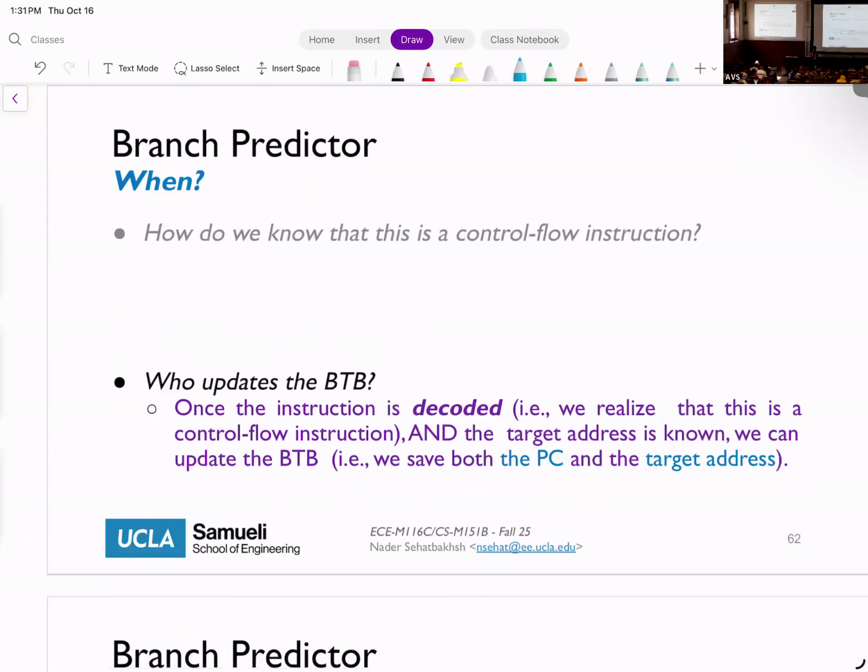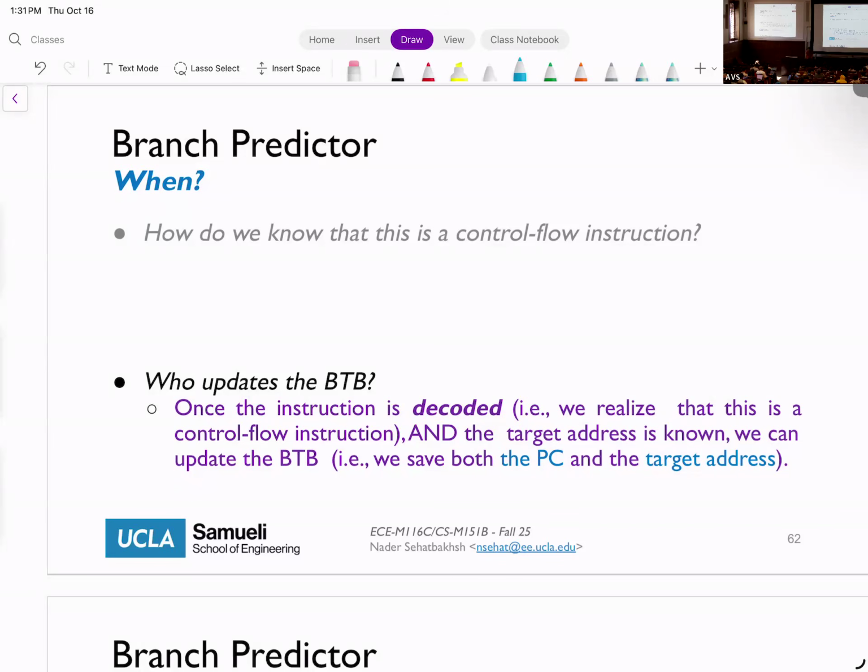I'm going to answer the second question first. We update the BTB when we decode the instruction. Remember I told you that I have PC plus offset and I know the direction of the branch during the decode stage, right? Whenever I see that, I go to the BTB and say, okay, this is a new branch instruction and this is the target for that branch instruction.